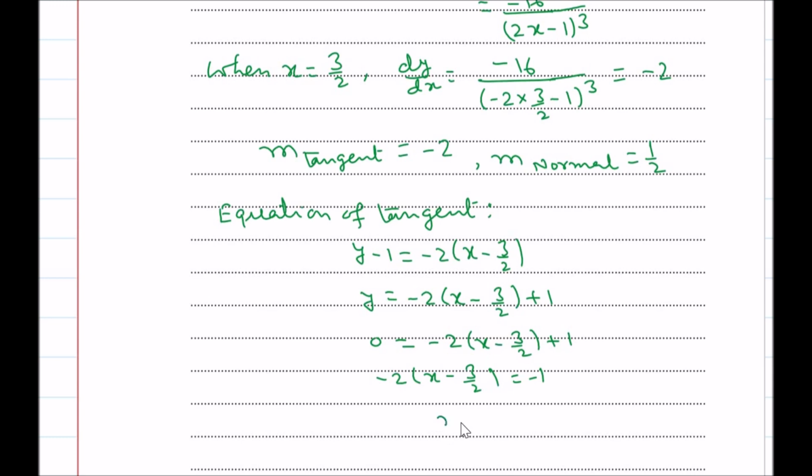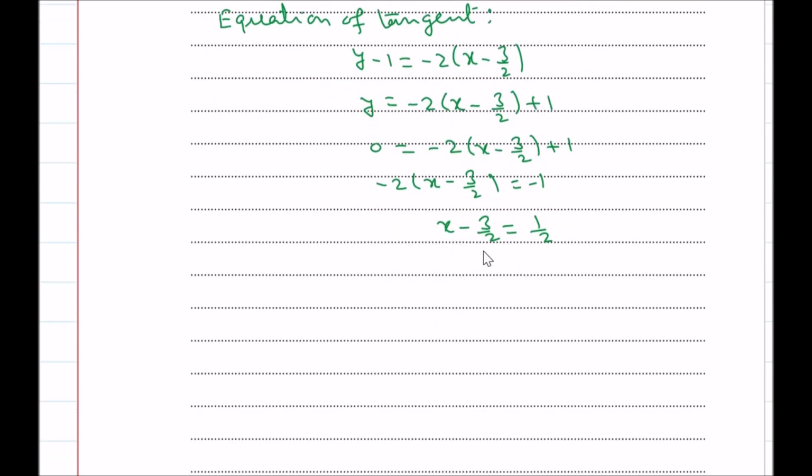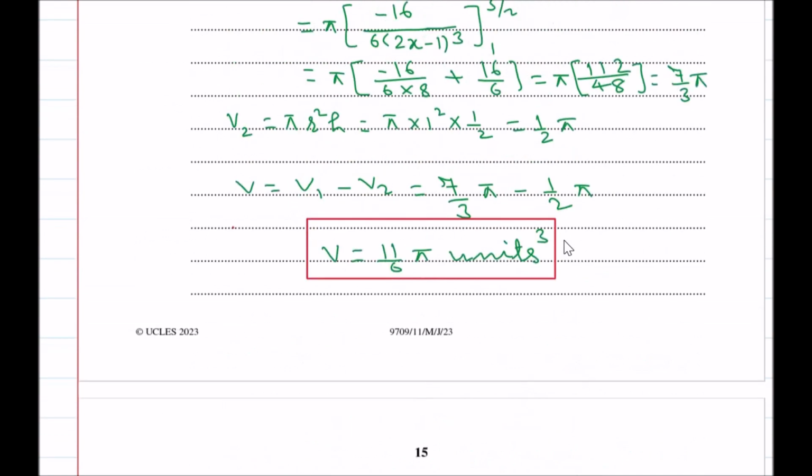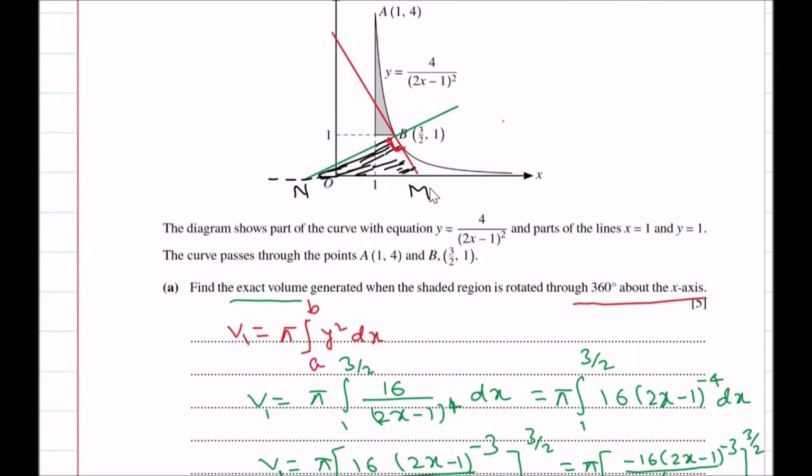So x minus 3 by 2 equal to 1 by 2. So this gives us x equal to 2, so m is here, this is 2.